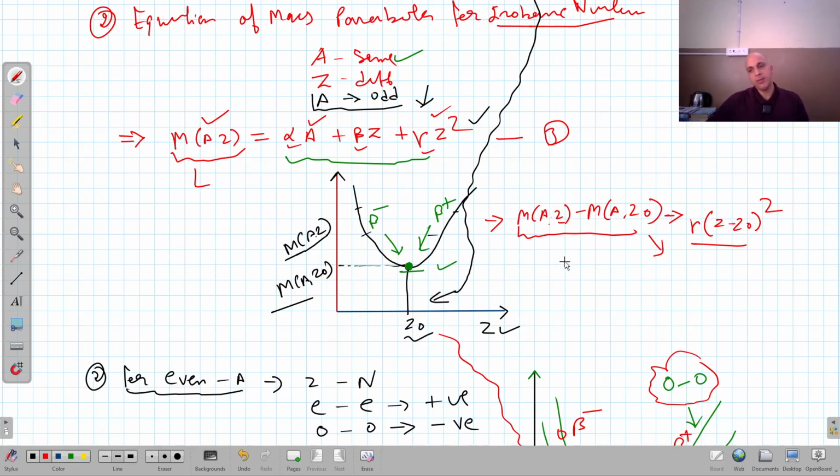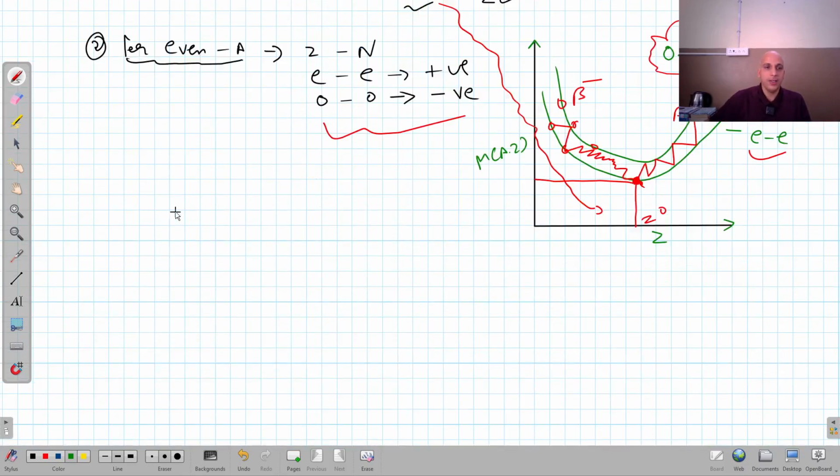Now we have to remember this equation, because a question can be asked from here. This is for odd A nuclei, and the same situation applies for even A nuclei.